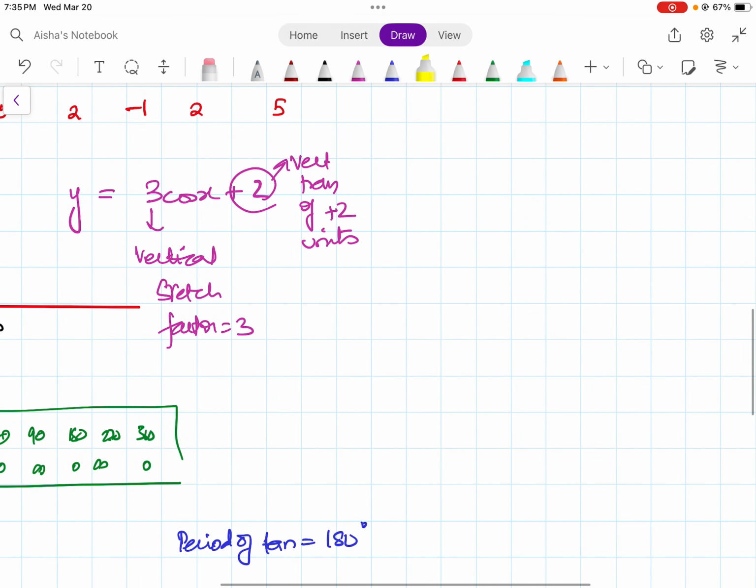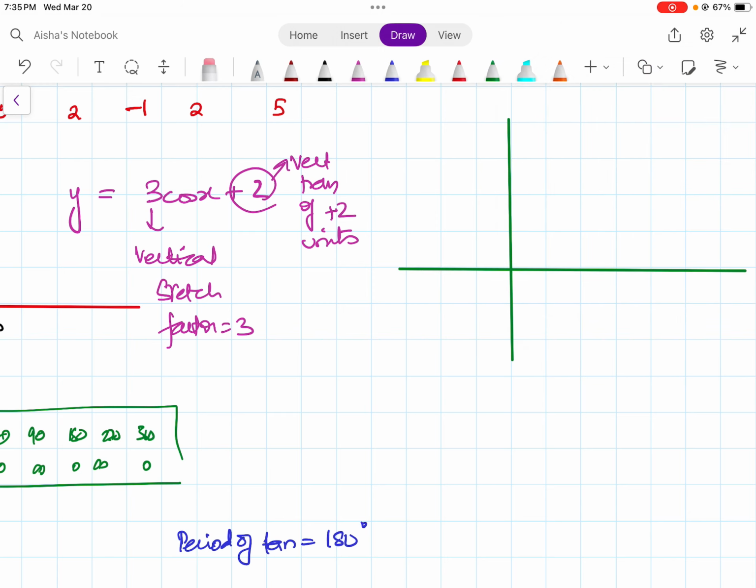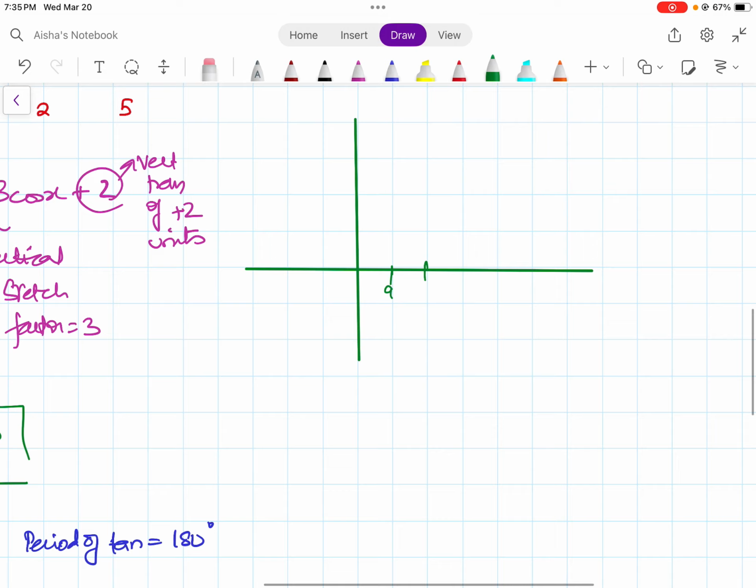If I draw a basic cos graph, 90, 180, 270 and 360. This is going to be super small because I have taken two less intervals.